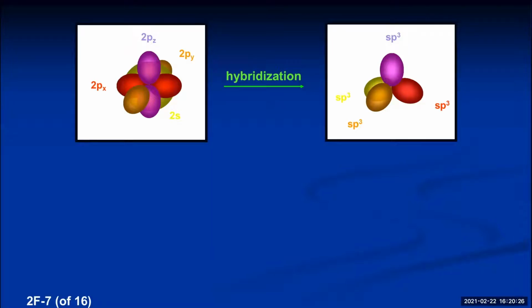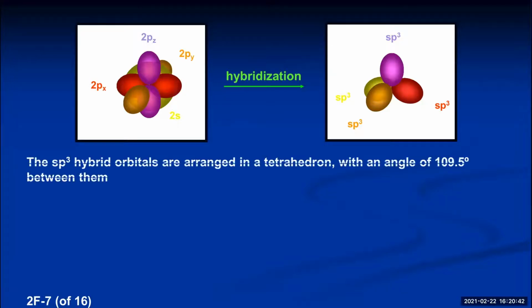If you just average out the wave functions for the 2s, 2px, 2py, 2pz, you wind up getting 4 average orbitals. And I've only drawn the big lobe. Each orbital has a little lobe behind it, but that would have made the picture more complex. But the big lobes point at the 4 corners of a tetrahedron. So Pauling discovered that if he underwent this process of hybridization, or if he believed atoms do, they would make new atomic orbitals.